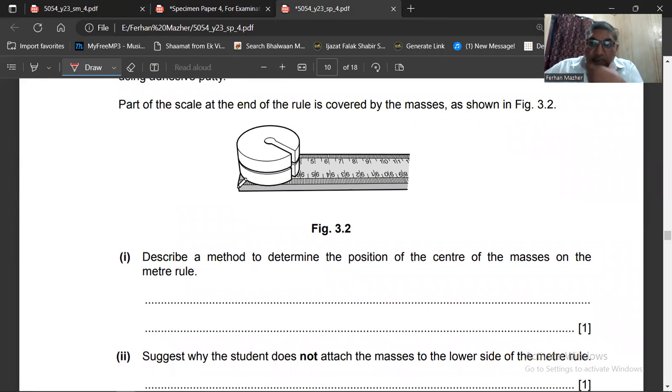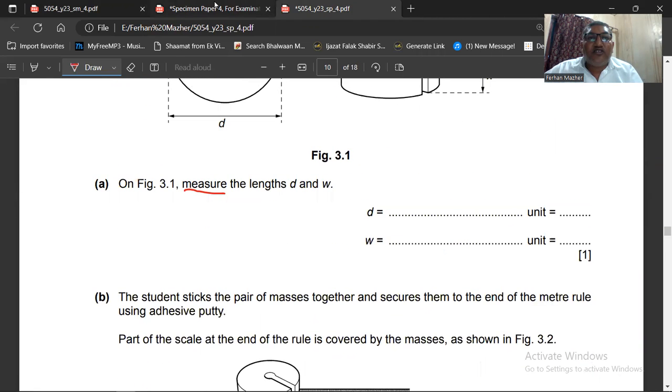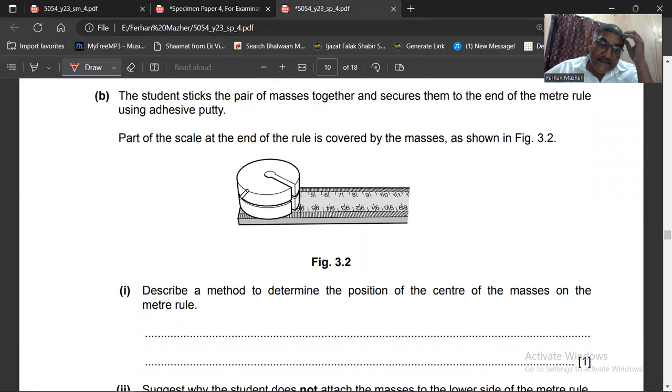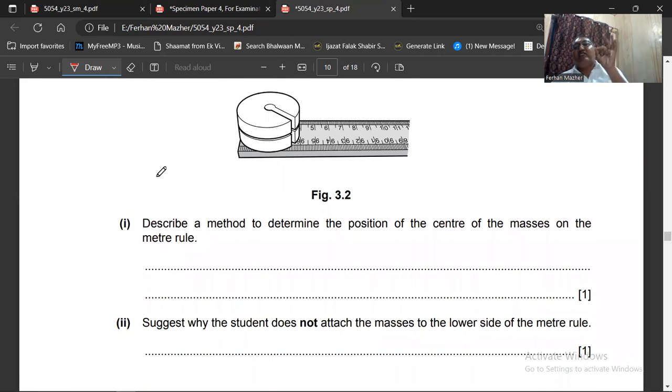So the diameter is 3.9, and you see this end, this is starting from the 0. So here you have 0, and up till here is the diameter. So the center of the mass will be 0 plus half of the diameter, which is radius. So that will tell you the position of the center of the mass on the meter rule.